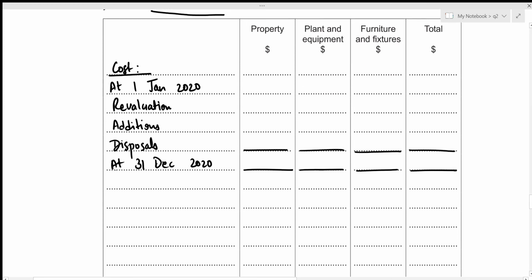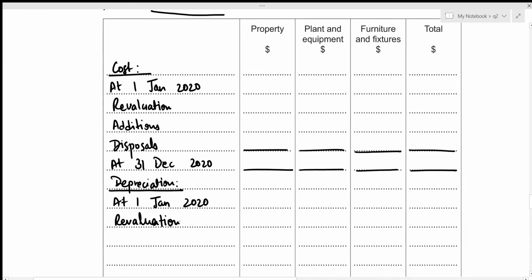Then the second section deals with depreciation. And again, we start with the opening balance, which is at 1st January 2020. And this actually means the accumulated depreciation at this date, right? And then we have to adjust the revaluation, because whenever assets are being revalued, all of its previous accumulated depreciation should be cancelled, right?